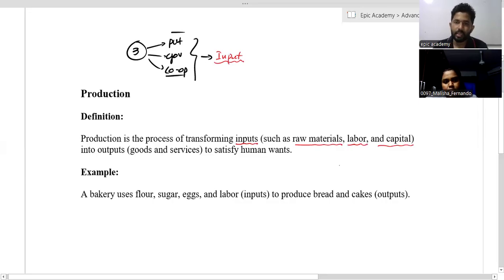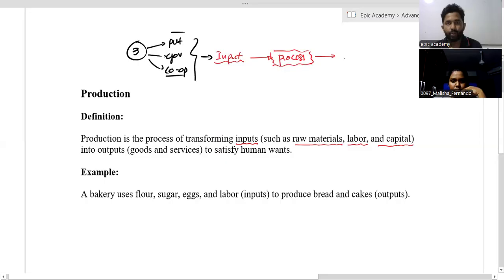Those are the inputs or resources. This is the input for the process of production. Now we are going to convert the input. We call it process.